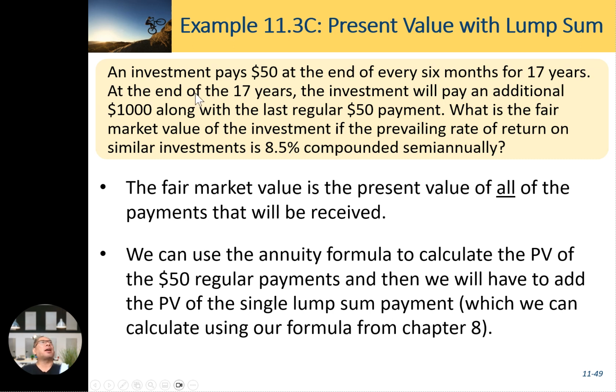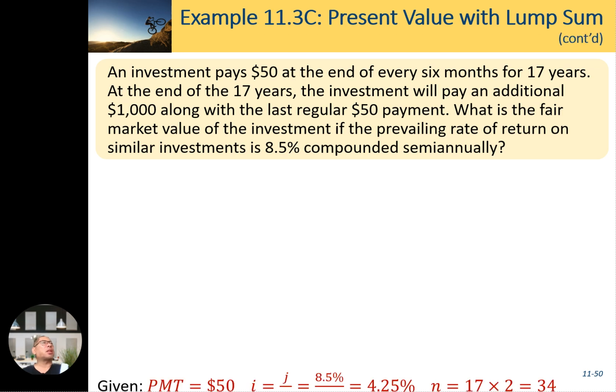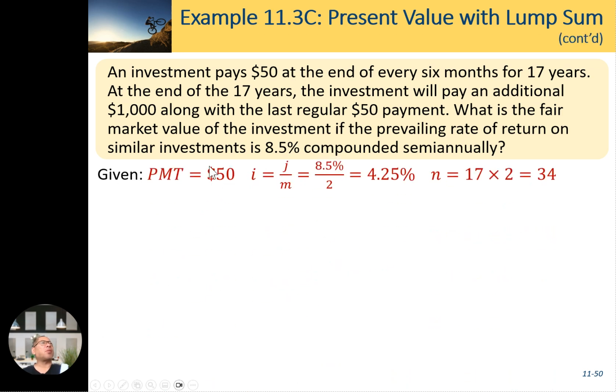Okay, let me remember here. Investment pays $50 at the end of every 6 months for 17 years. At the end of 17 years, the investment will pay an additional 1,000 along with the last regular $50 payment. So looking at the fair market value of it, we're going to look at the key components here. Payment is 50, 8.5 divided by 2, which is semi-annually, remember?